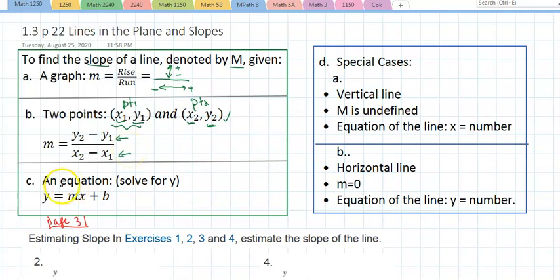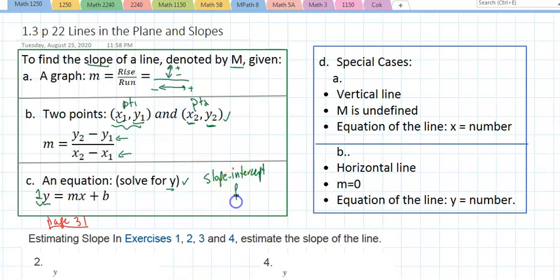If I'm given an equation, that's the third case scenario. I'm given an equation and I'm asked to find the slope of a line. I solve for y. I get y by itself on one side, everything else on the other side. When I do that, this is what's known as the slope-intercept form.